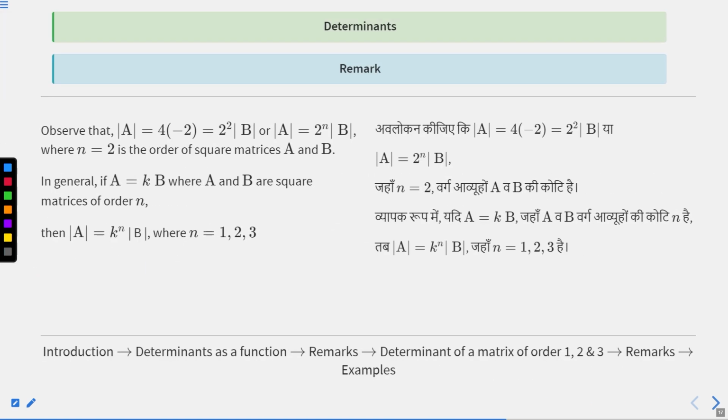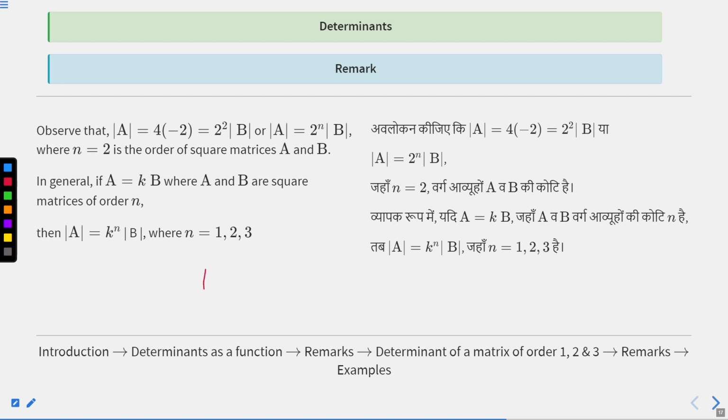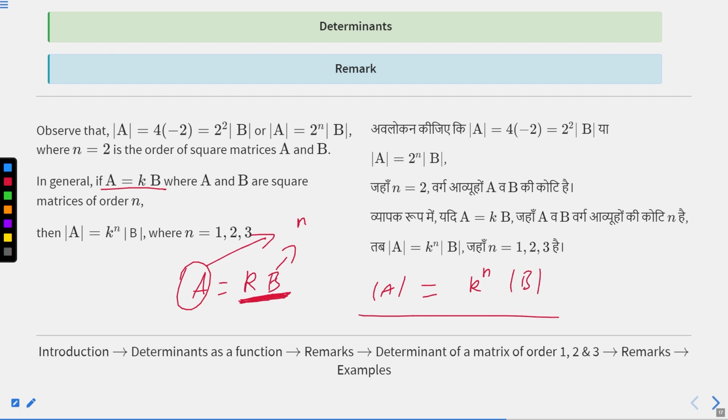So in general, what property are we talking about? If you have a matrix A which is K times B, this means a scalar multiple of matrix B with K as the scalar, and the order of matrix B is n, obviously the same order for A also, then the determinant of A will be K to the power n times the determinant of B. This will be your final answer in such questions.